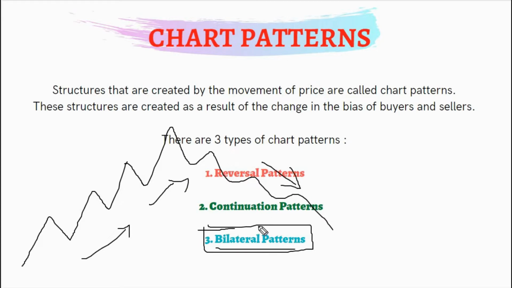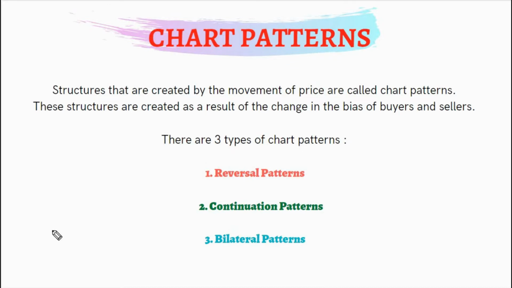So when bilateral patterns are formed, we can look for trading with the trend and also against the trend. So it helps us to identify where the best trading opportunity is irrespective of the trend of the market. Okay, bilateral patterns are very useful in trading both with the trend and also against the trend.